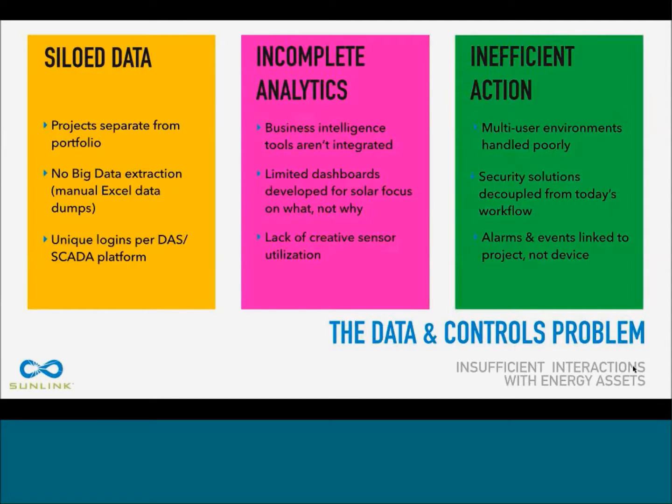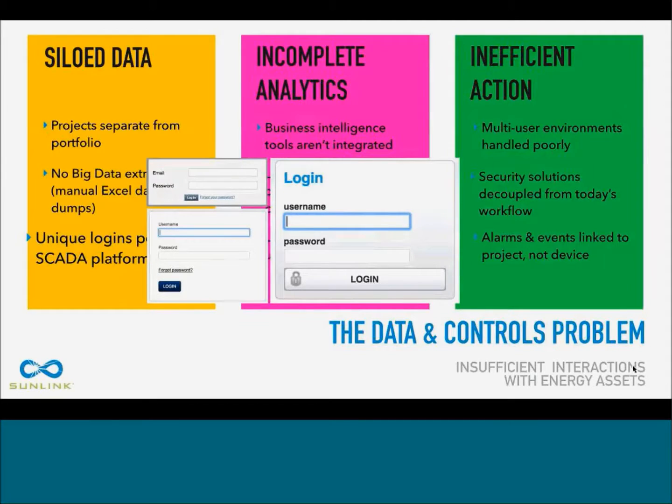From the solar side, when we look at this, the challenge with siloed data is that we have unique logins per SCADA platform. So this is very painful. Every EPC developer, O&M company, everyone has their personal favorite flavor of what they like to use, but with projects changing hands and with different stakeholders involved in the decision-making process at the outset, it's very unlikely that 100% of any one portfolio is on one particular solution.